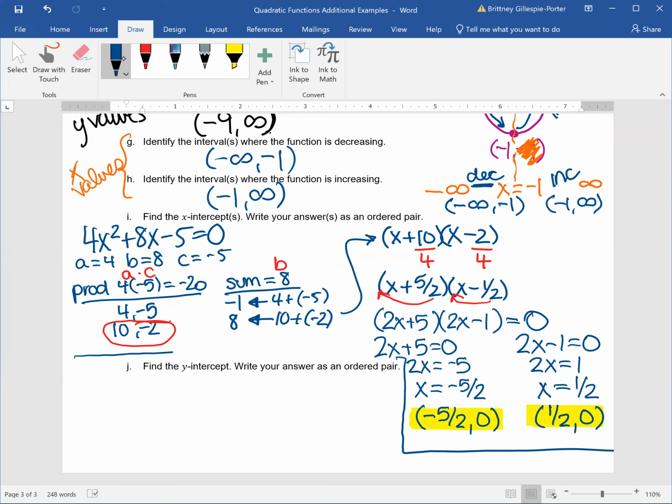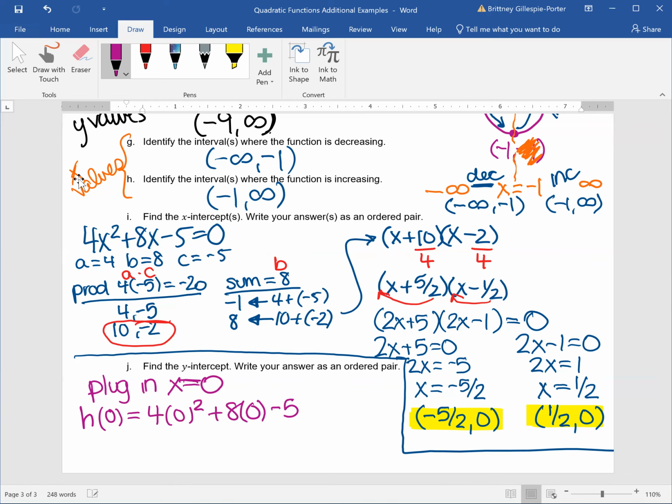Last one, we need to find the y-intercept. Remember, to find the y-intercept, you plug in x equal to 0 into your function. So we're looking at h of 0 is equal to 4 times 0 squared plus 8 times 0 minus 5. I always like finding the y-intercept when it's in standard form because everything cancels out except the very end, the constant term without a variable.